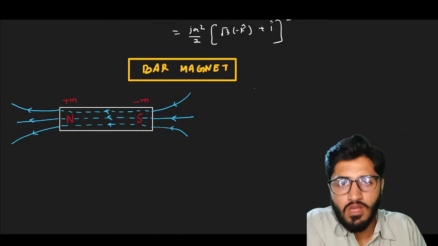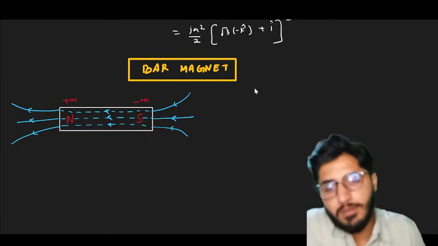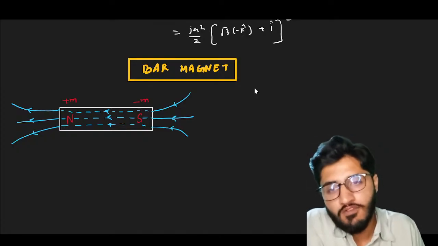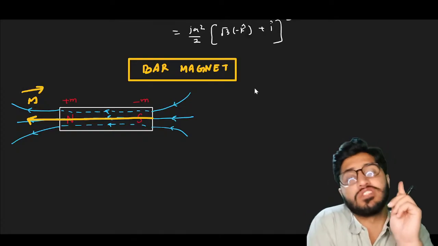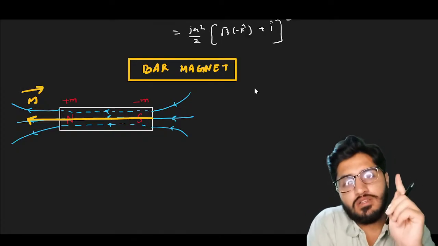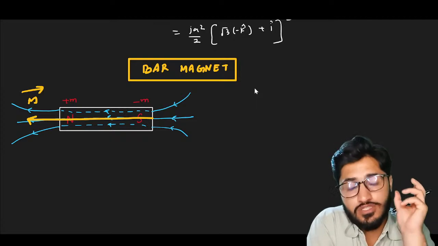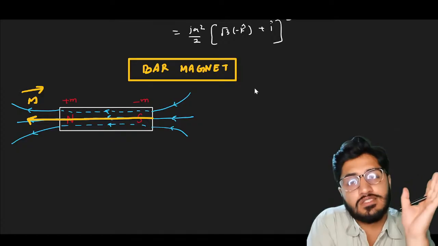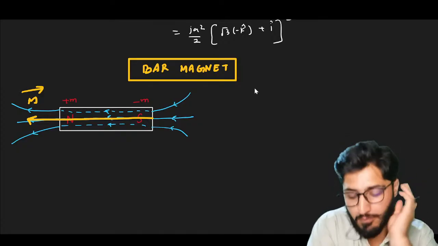If we are talking about the magnetic moment, my magnetic moment will be from south to north, from minus m to plus m.